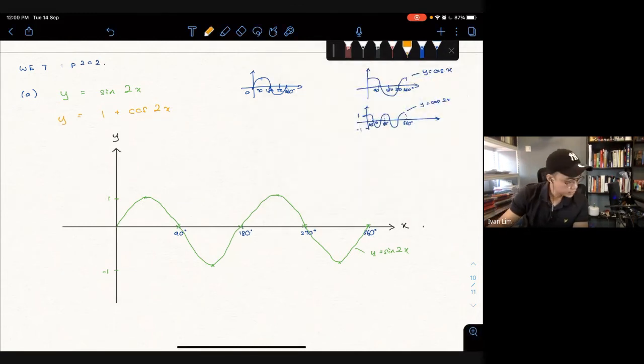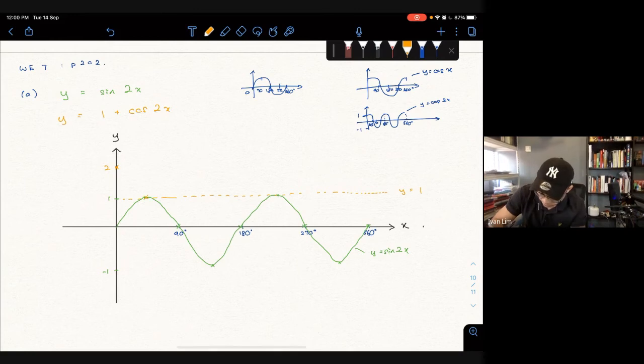Okay, I'll just sketch it out here. Your maximum now will be 2. Your principal axis for the y equals to cos 2x will be 1. Okay, this is y equals to 1. So let's see what the main points are. Over here, over here, over here, and go up. Over here.